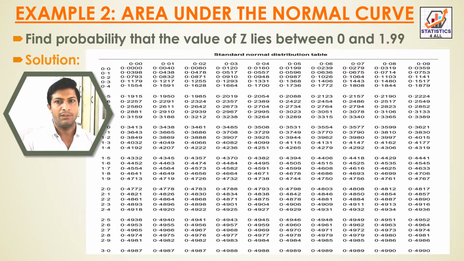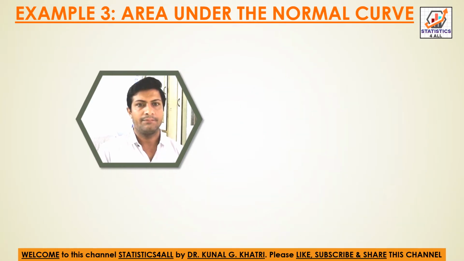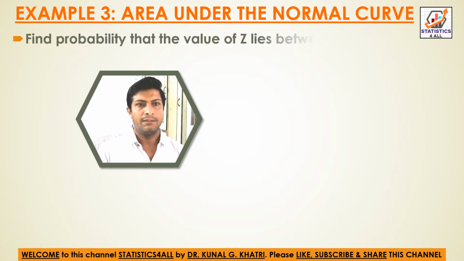Now from the standard normal distribution table, 1.9 and 0.09, so 1.99, that is 0.4767. So our answer is the area is 0.4767. The yellow shaded area we find out is 0.4767.